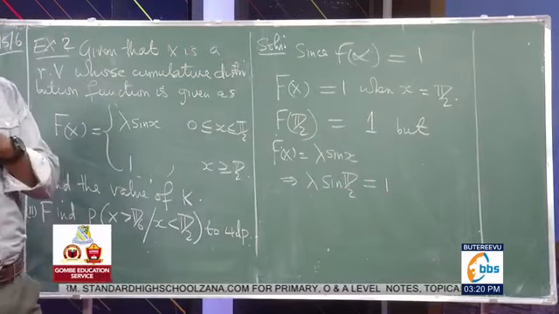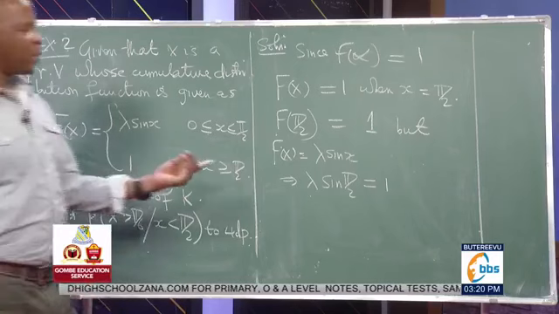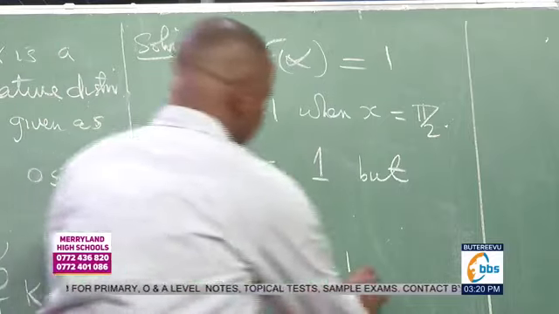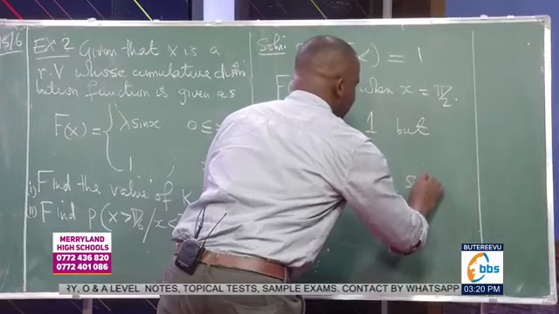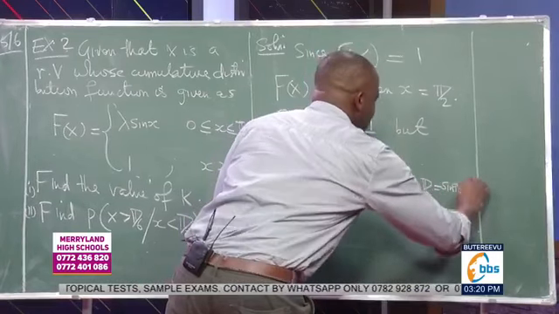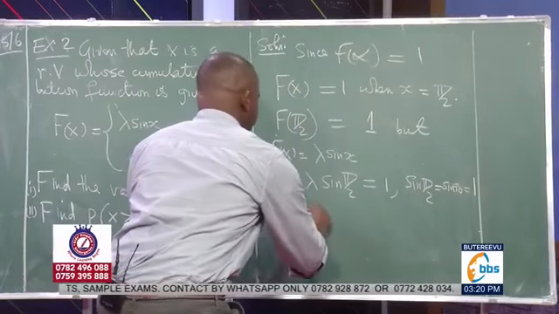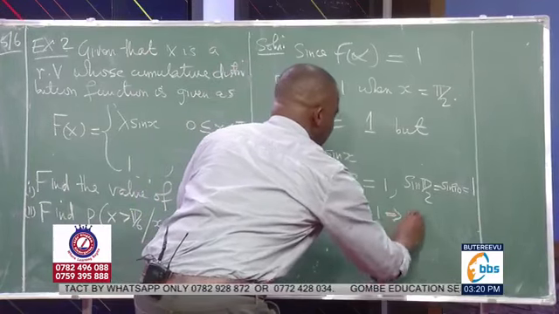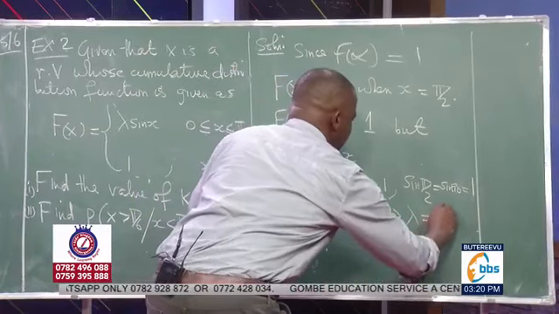You either use radians, or if you are aware that pi is 180 degrees, then you can say that the sine of pi by 2 is the same as the sine of 90, which is 1. And this implies that lambda times 1 is equal to 1, of course implying that lambda is equal to 1.